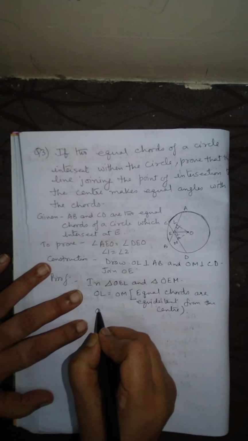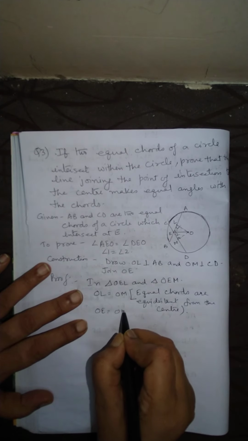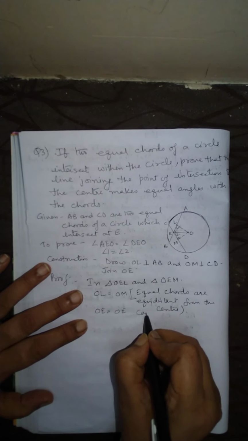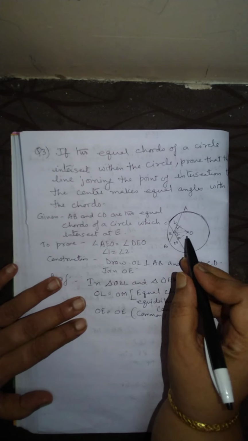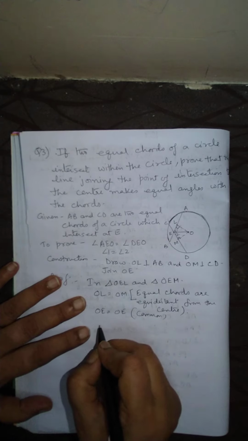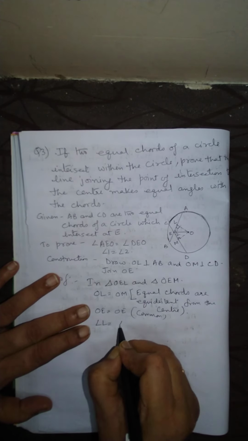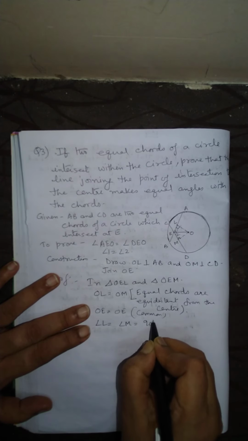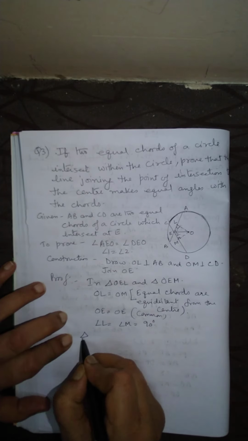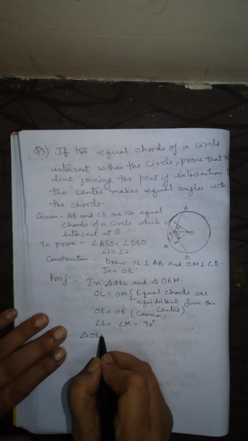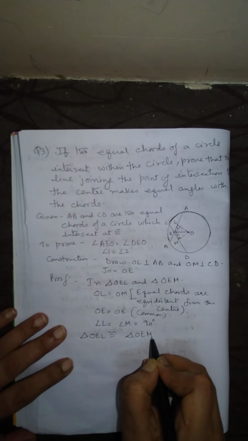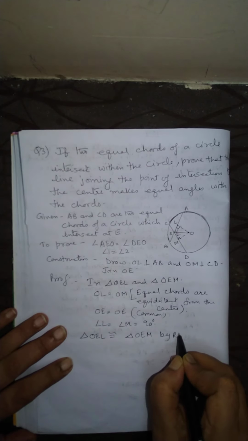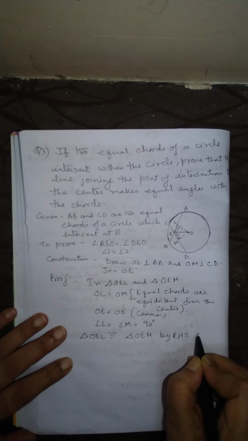OE equals OE, common, and angle L equals angle M, that is equal to 90 degree. So the triangle OEL is congruent to the triangle OEM by right angle hypotenuse side rule.